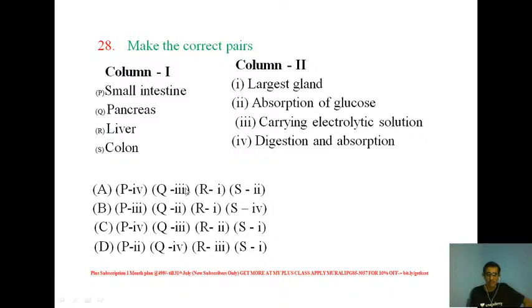So it is going to have some electrolytic solution production in the pancreatic juice. Then liver, it is the largest gland, and colon, it is absorption of glucose. So the answer for 28, match the following, A is the right answer. Okay, I will move on to the next question. So for 28, A is the right answer.